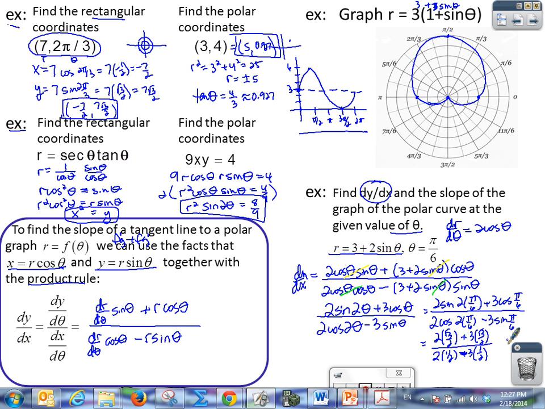Denominator, 2 over 2 minus 3 over 2 is negative 1/2. I fix my complex fraction and I get negative 5 root 3. When it's all said and done, that is my slope. Okay? All right.